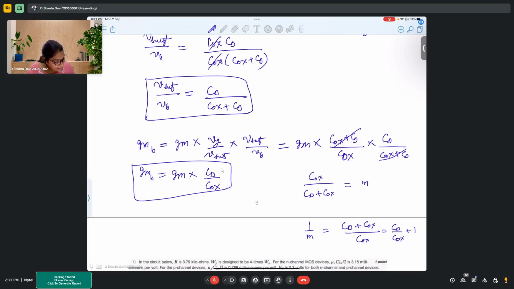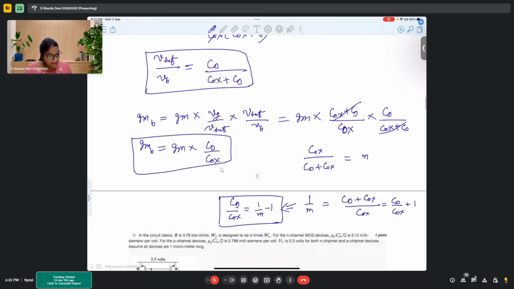So I can write Cd upon Cox as 1 by m minus 1. Correct? So my GMB becomes GM times 1 by m minus 1.